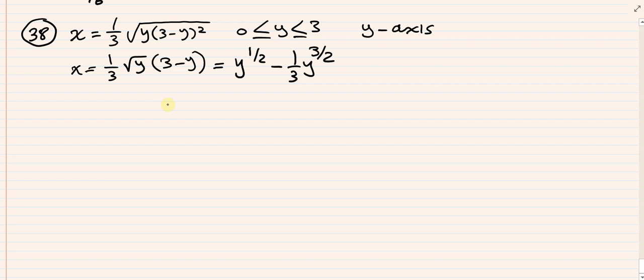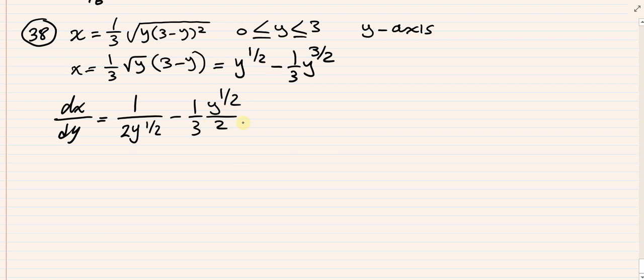Okay, now I can actually take the derivative. So derivative of x with respect to y: the derivative of y to a half is going to be 1 over 2y to a half, right? Negative 1/3 times the derivative of y to 3/2.